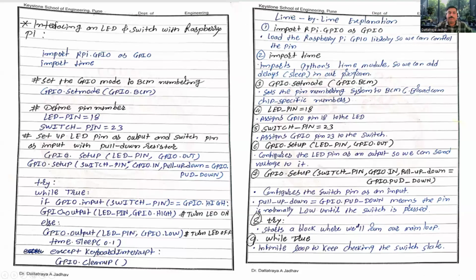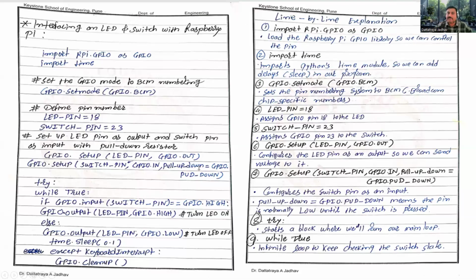Just look: GPIO.setup for the LED pin as output, and GPIO.setup for the switch pin with pull_up_down equal to GPIO.PUD_DOWN.